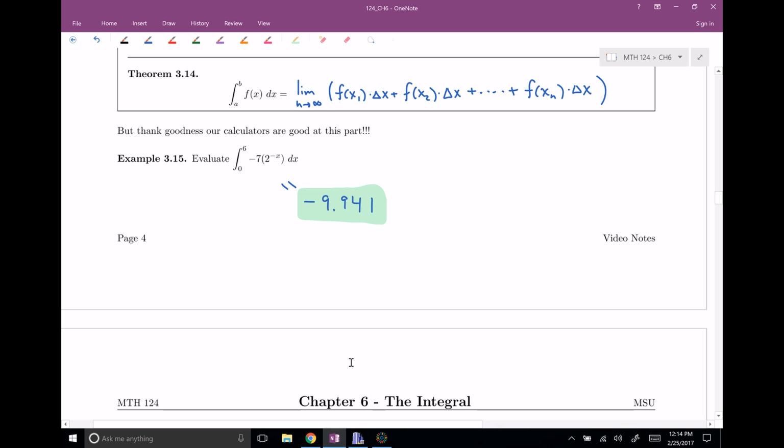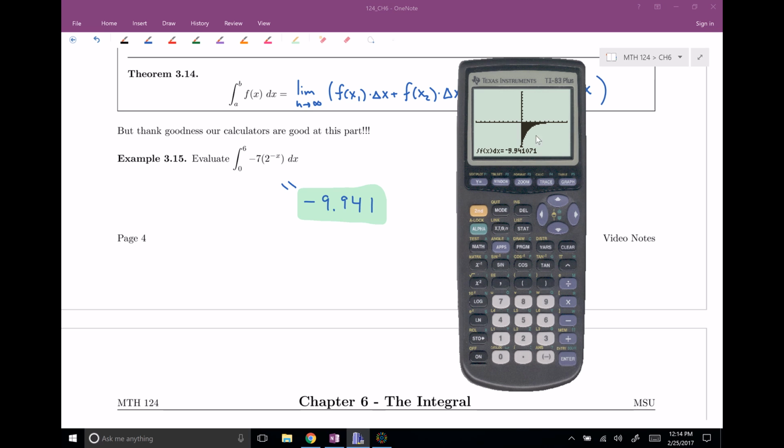One thing that is a little bit of a pain is that your calculator does need to be able to see the function. If you do it with this method, your calculator actually needs to be able to see this function. So for instance, let's go back to my calculate button, and let's say I wanted to do our integral 7 here, and let's say I wanted to do from 0 to 100, right?